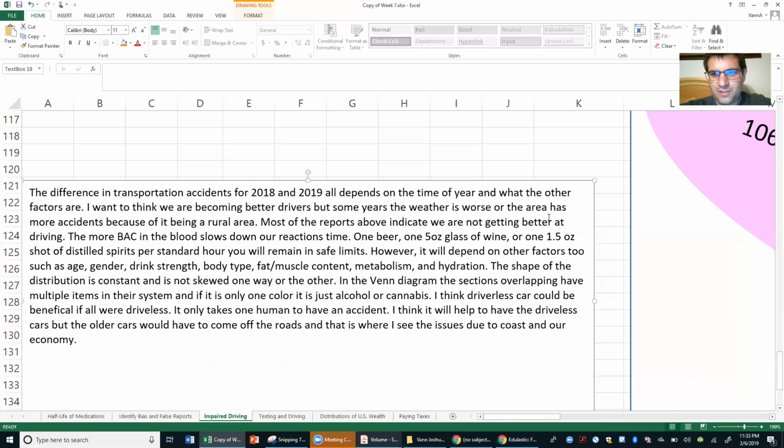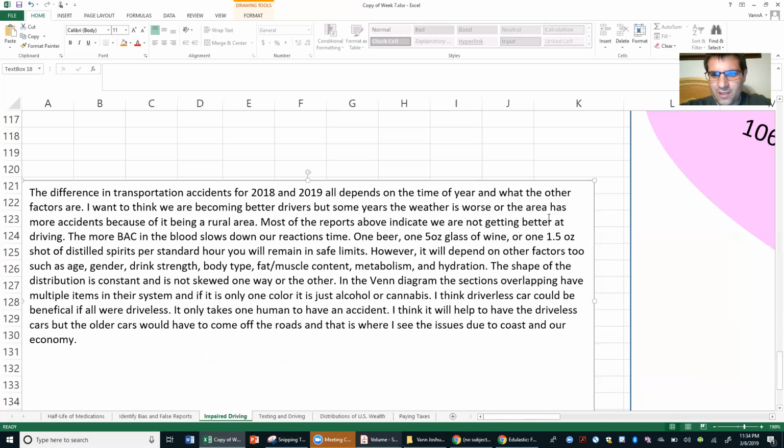However, it will depend on other factors too, such as age, gender, drink strength, body type, fat and muscle content, metabolism, and hydration. The shape of the distribution is constant and is not skewed one way or the other.